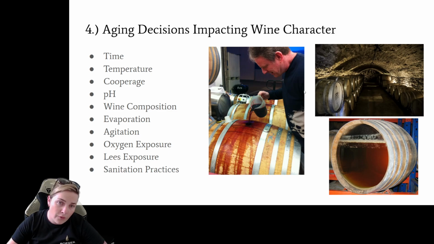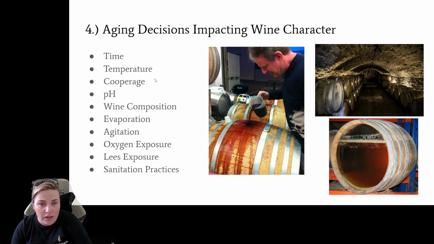Okay, and then number 4 is aging decisions. This feels a little more straightforward because the longer that you age it, the more the wine's going to change. The temperature and cooperage are important. Temperature is how hot or cold you keep your cellar. That'll make a difference on how rapidly it ages, and could potentially lead to spoilage if it's too hot, right?